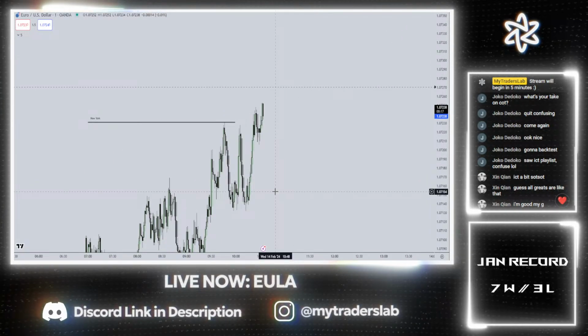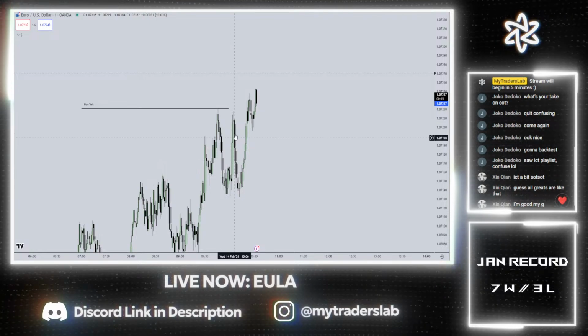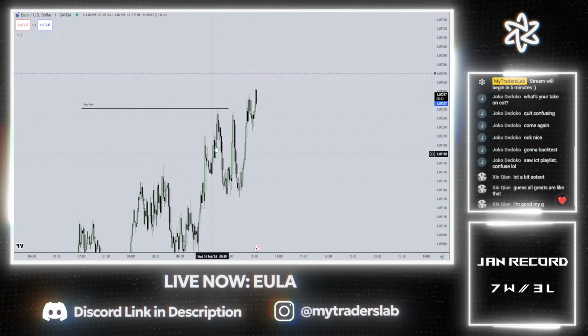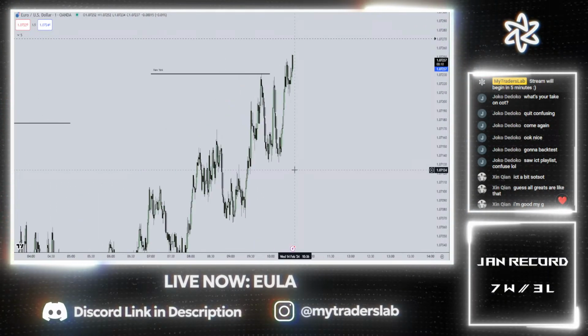Look at this. If I tried to trade this inversion fair value gap, I was just going to stop out here and there. There's no point. It's too choppy to trade right now.